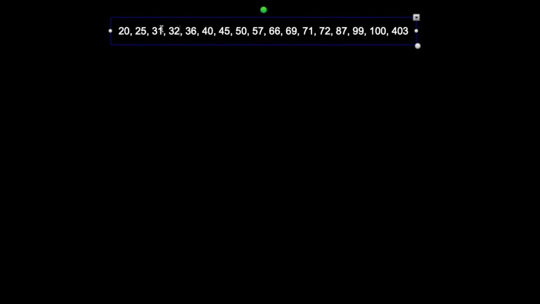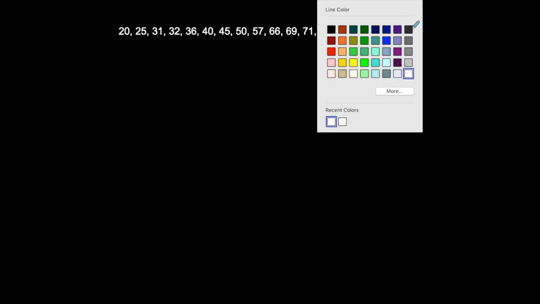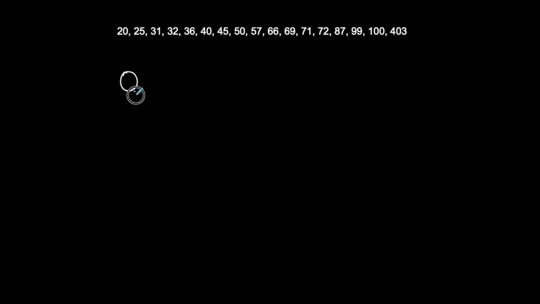I have 1, 2, 3, 4, 5, 6, 7, 8, 9, 10, 11, 12, 13, 14, 15, 16, 17 data values here. So what I want to find are the quartiles. I want Q1, the first quartile, or the 25th percentile, Q2, the second quartile, or the 50th percentile, or the median, and then Q3, the 75th percentile.